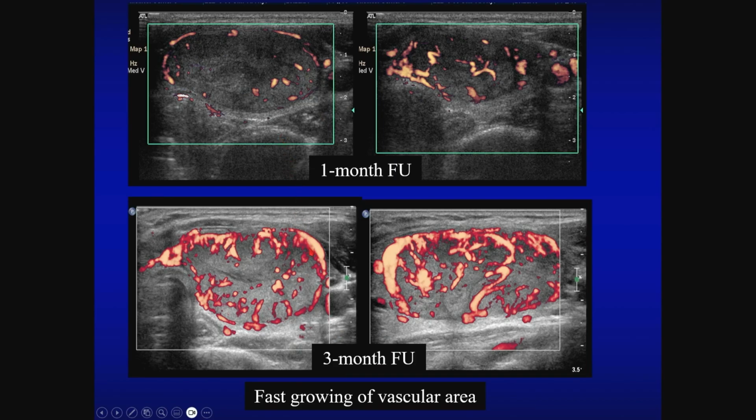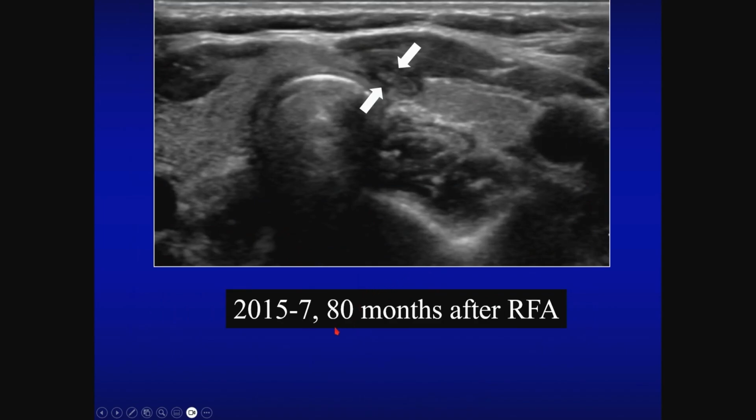We must ablate the feeding artery and surrounding venous structures as completely as possible. So additional RF ablation was performed for this patient, including the marginal vessels completely. And 8 months after RF ablation, you can see the completely collapsed left thyroid nodule.